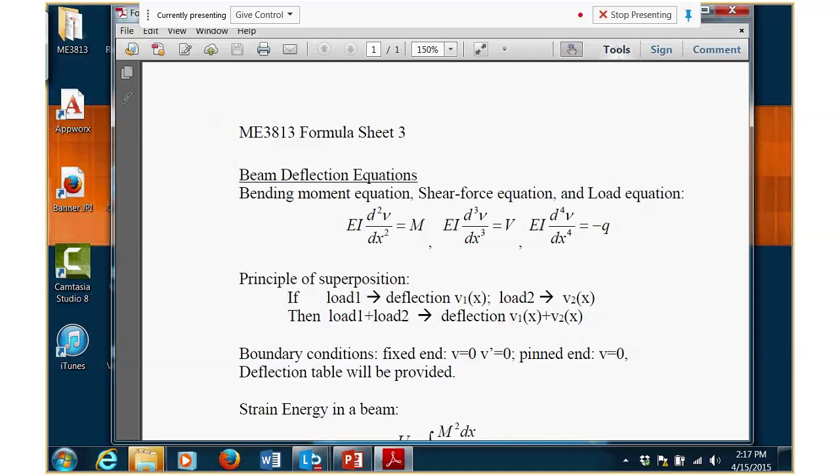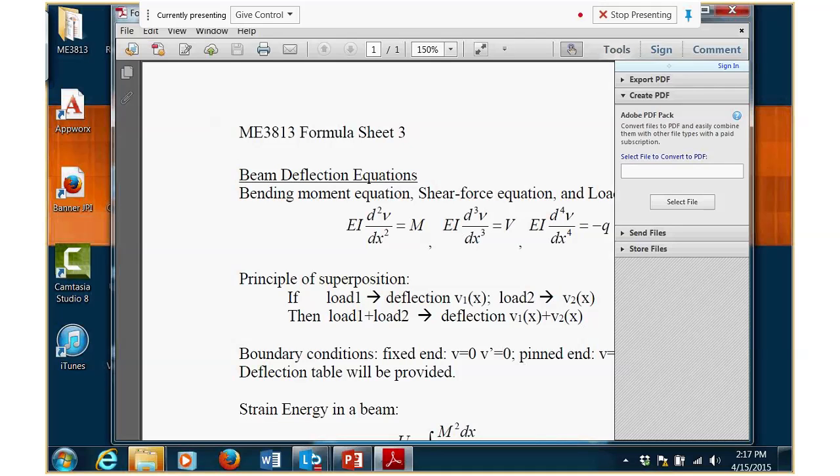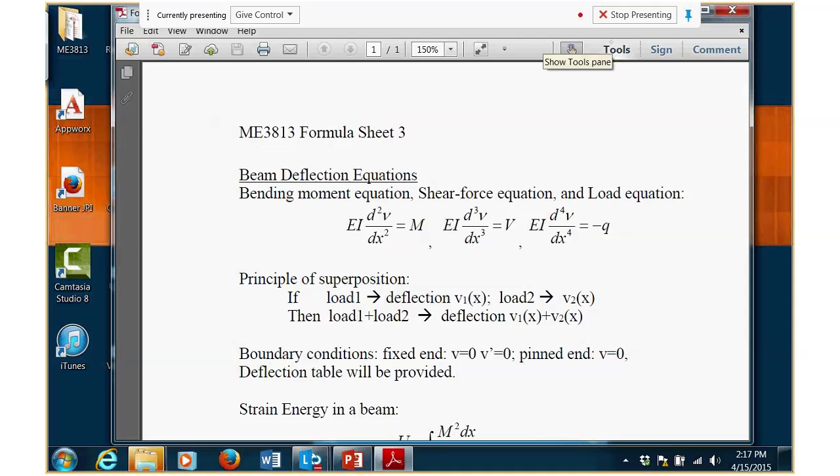For this equation, for example, you just integrate two times, and then use a boundary condition to determine the integral constants, C1, C2. If you use the very last equation, the Q load equation, then you have to integrate 4 times and use boundary conditions to determine the 4 integral constants. That's how you find the deflection. It's a tedious process.